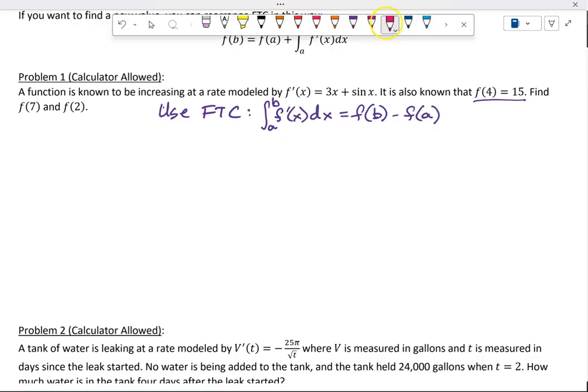So let's go ahead and do that for our first one. All right, so f of 7, what does that equal? What would be our setup for FTC?